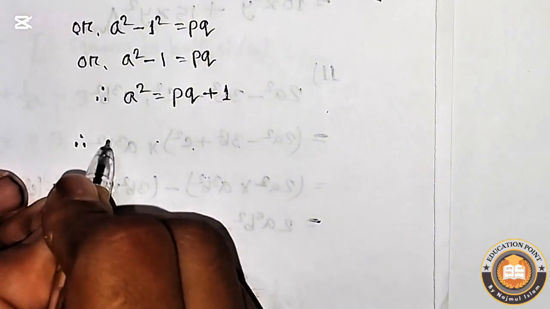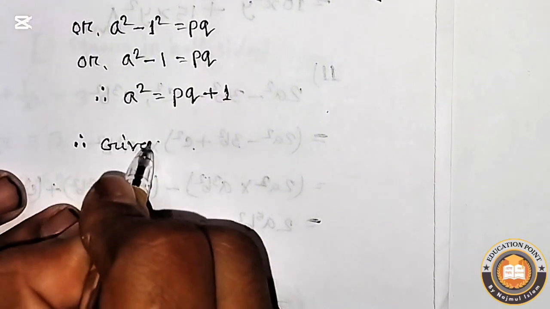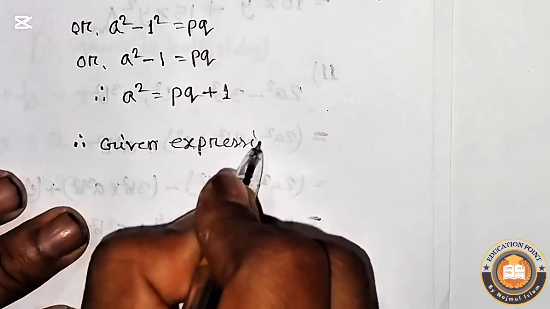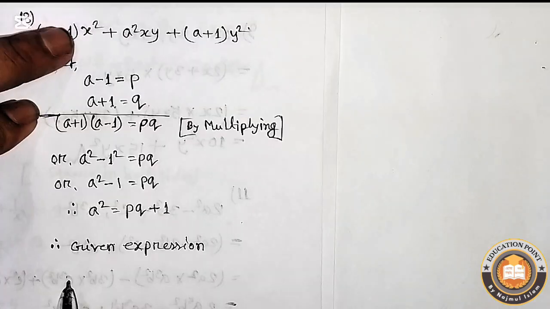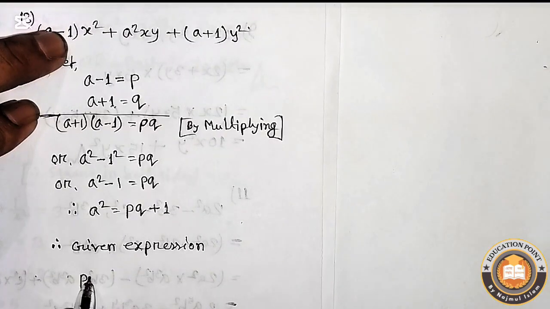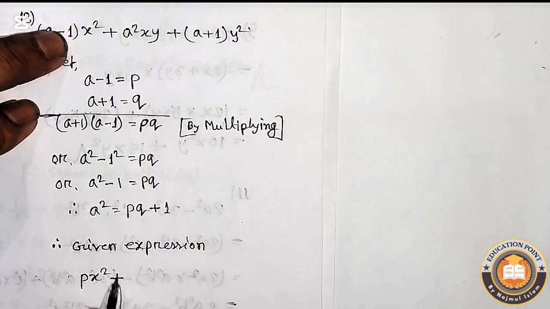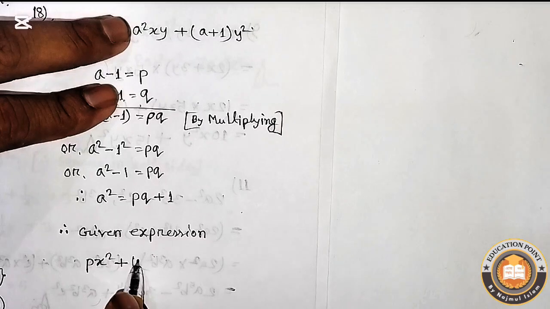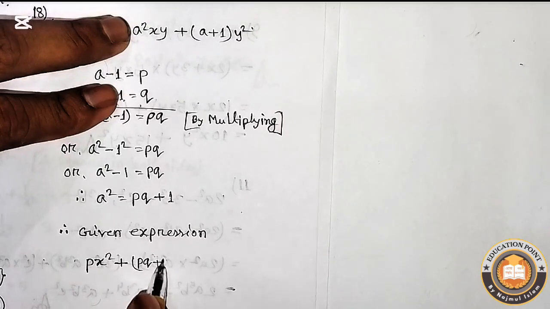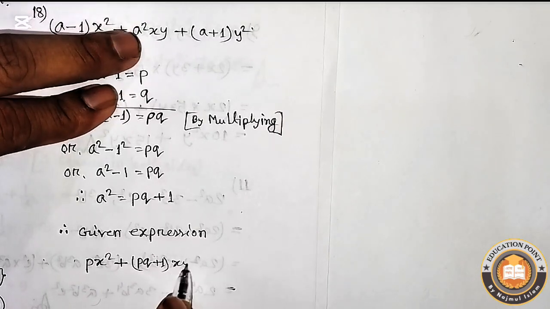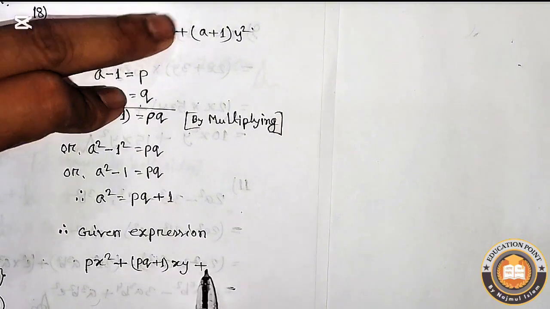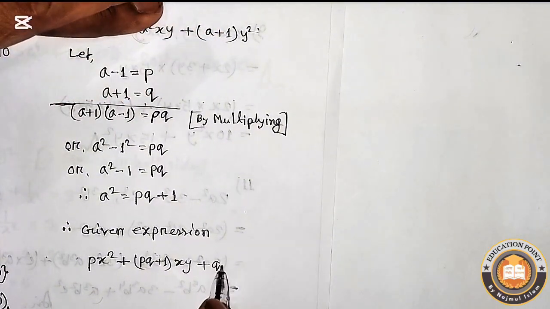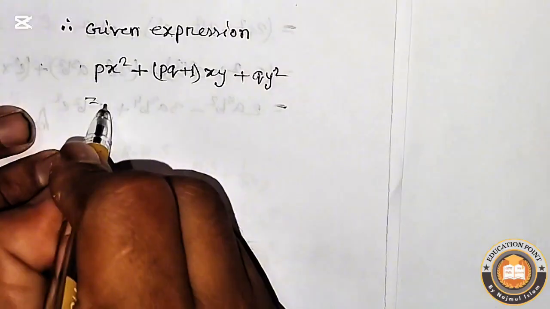So the given expression: a minus 1 equals p, so px square, plus a square means pq plus 1, into xy, plus a plus 1 means q y square.